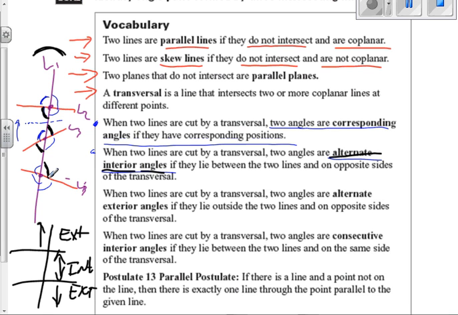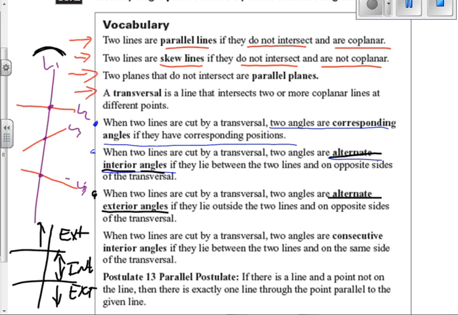It could also be alternate interior, and so forth. So now I am down to the exterior one. When two lines are cut by a transversal, two angles are alternate exterior angles.